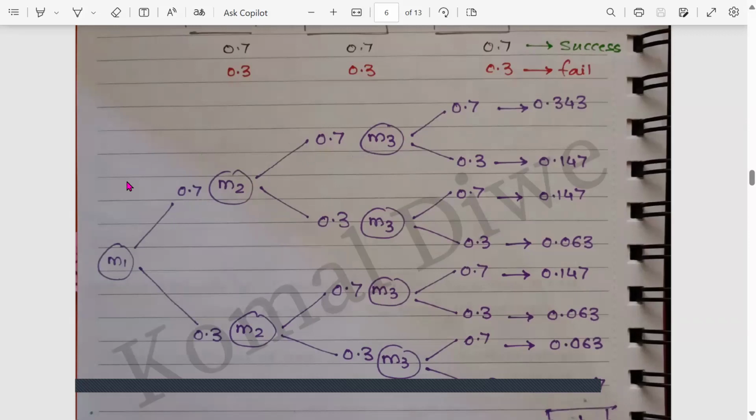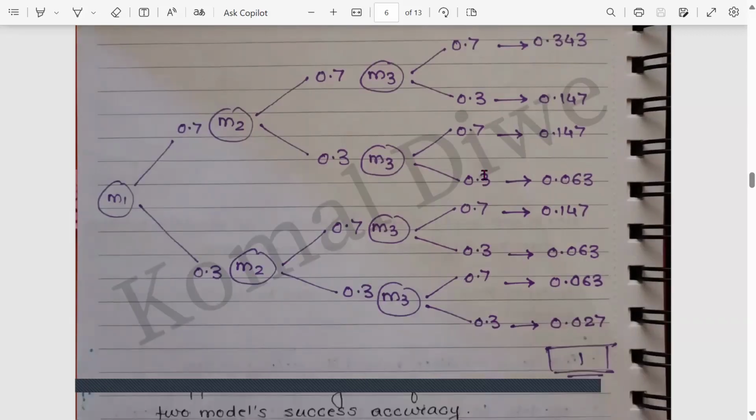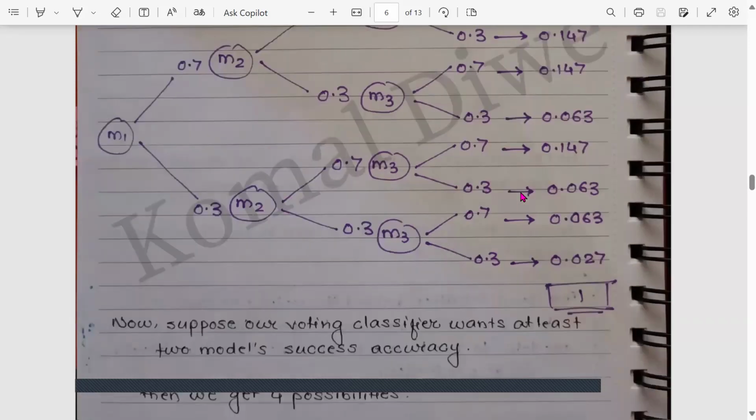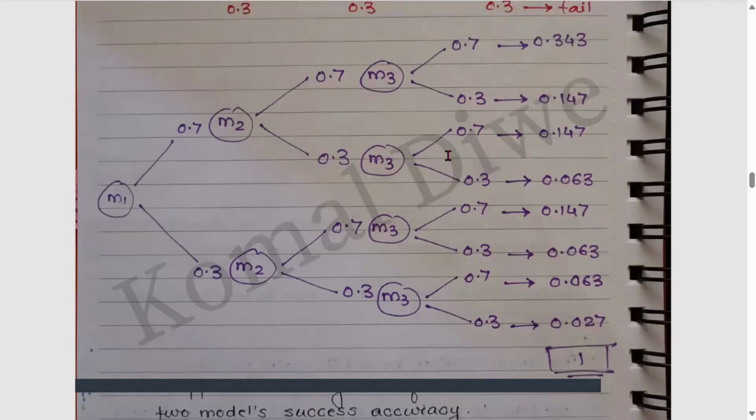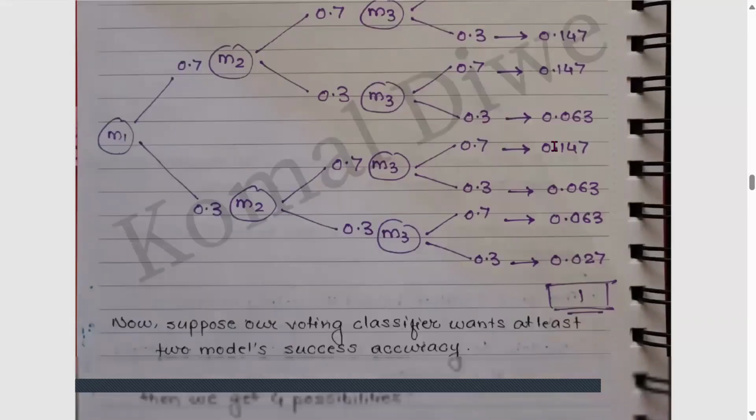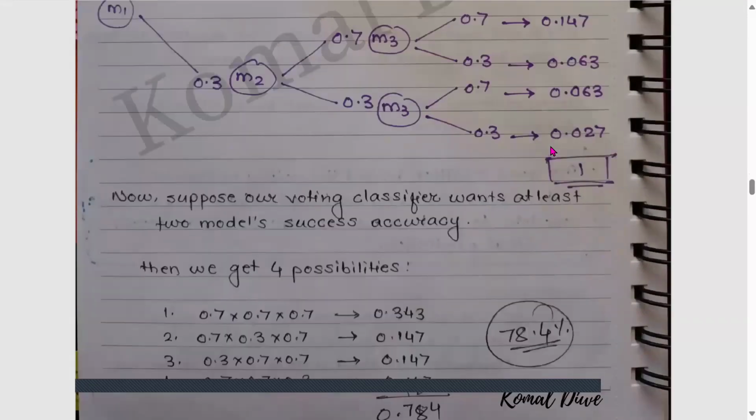If we multiply all three, we get this, and multiplying the others, we get this, which is the technique of dividing into three cases.